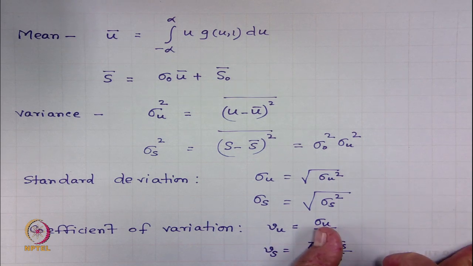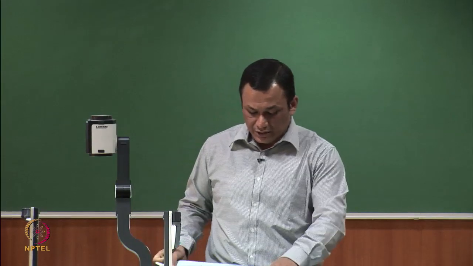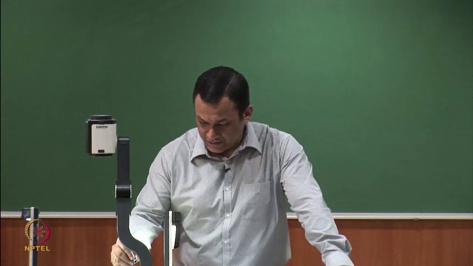Another two characteristics are often used, one is called skewness, second is called kurtosis. Let me tell you what is skewness.